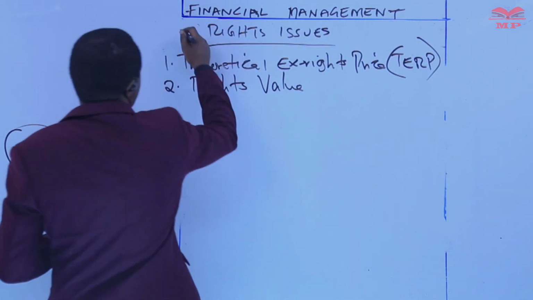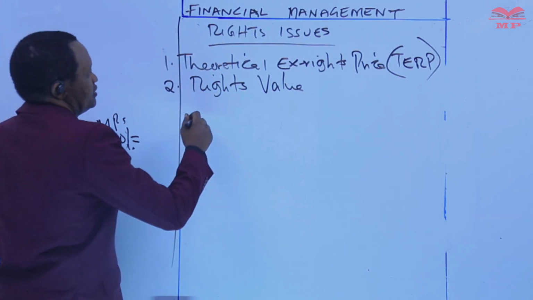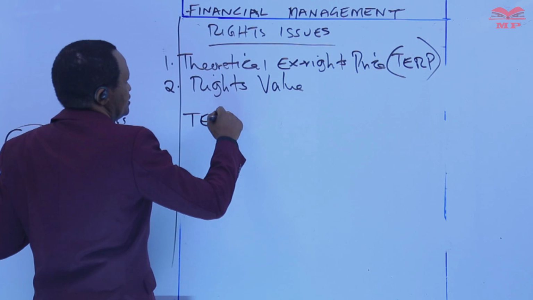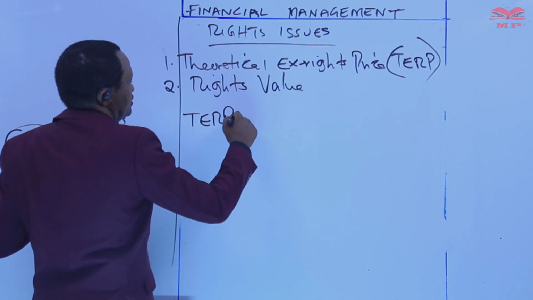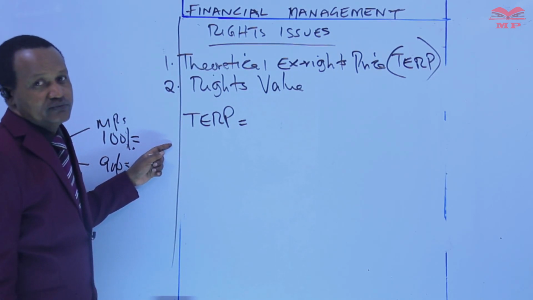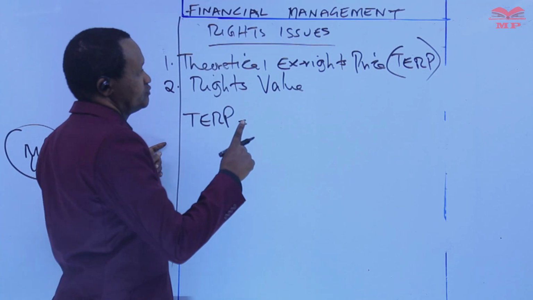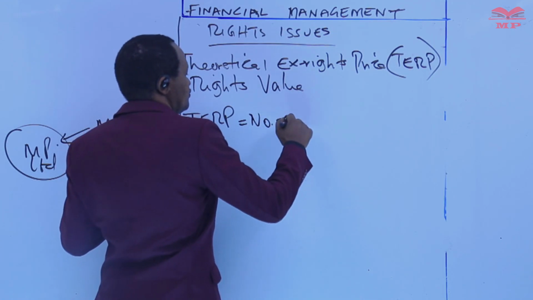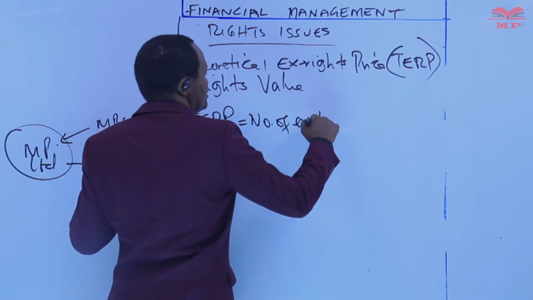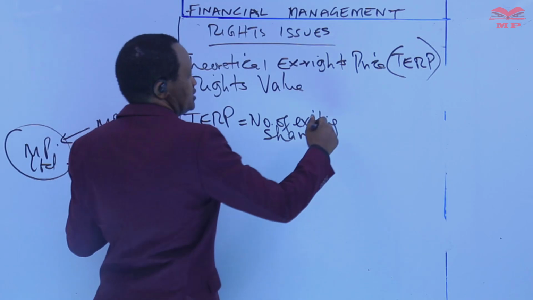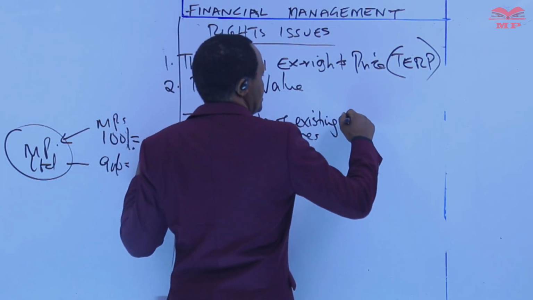And candidates, the theoretical ex-rights price will then be equal to the formula: number of existing shares times market price per share.